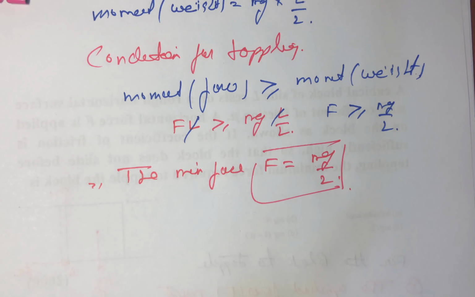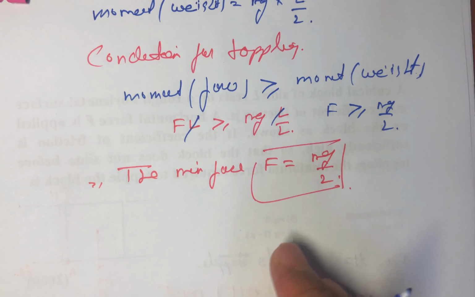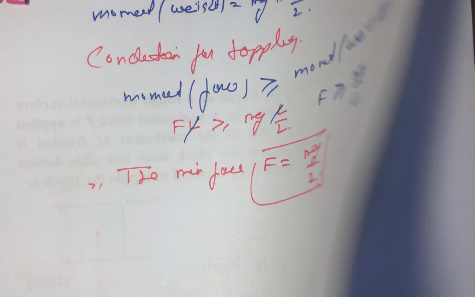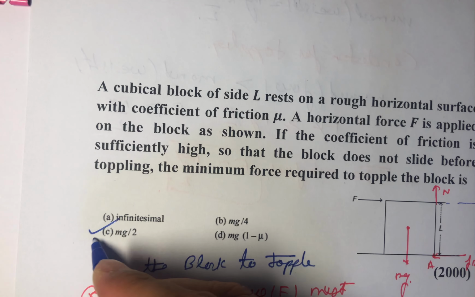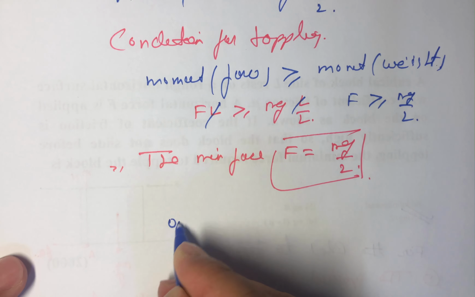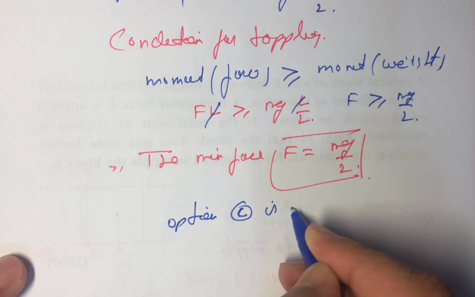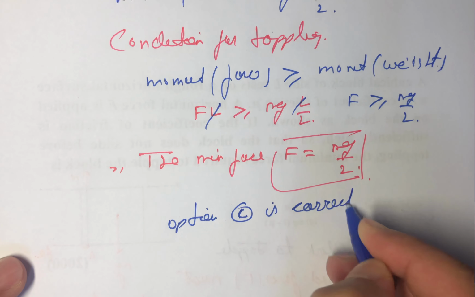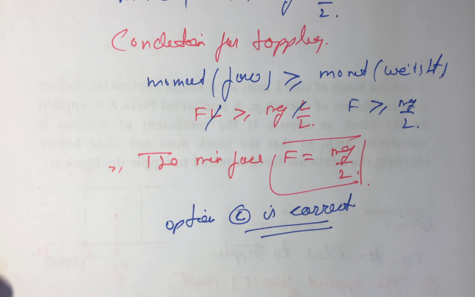So for this value of force, the block will topple, and option C is the correct option. So this completes the question. Thank you.